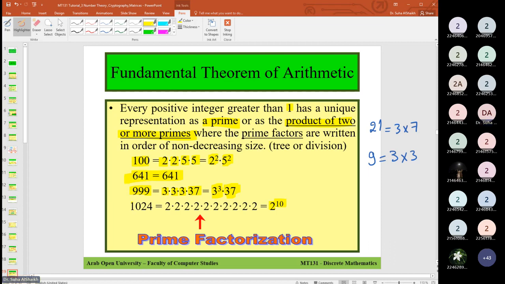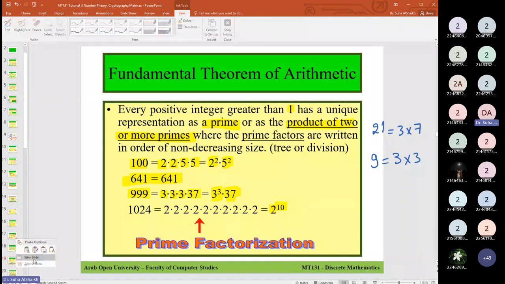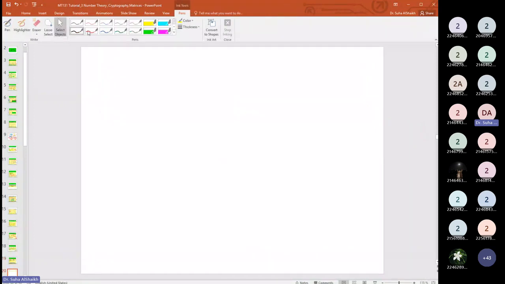Now, a question comes to our mind: how do I decompose the number so that it becomes a multiplication of primes? There should be a way. It is like this. We list the primes that we have.